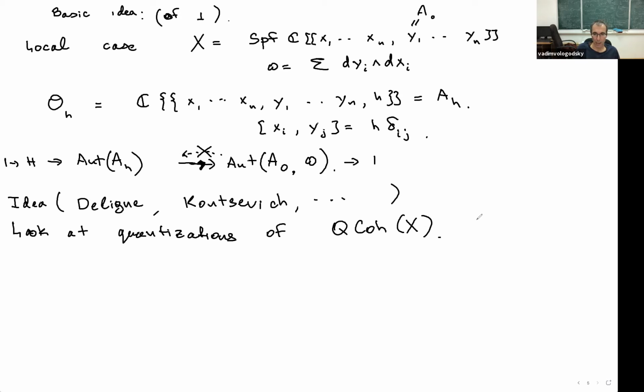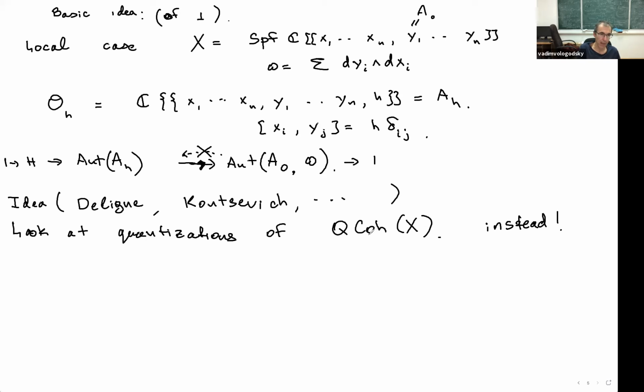So then, of course, if I have a quantization of an algebra, I can consider the category of modules over this algebra over R[[h]], and I think of this as a quantization of this category of quasi-coherent sheaves.